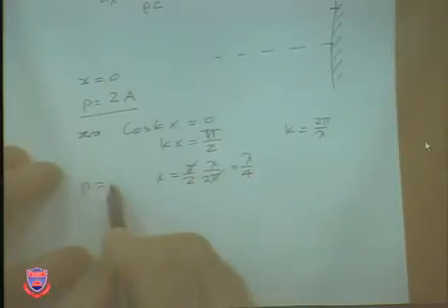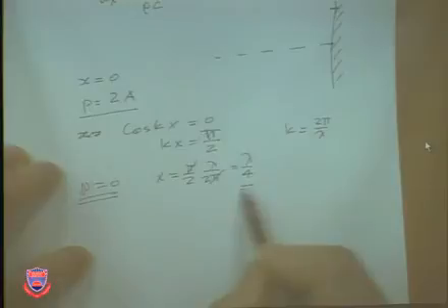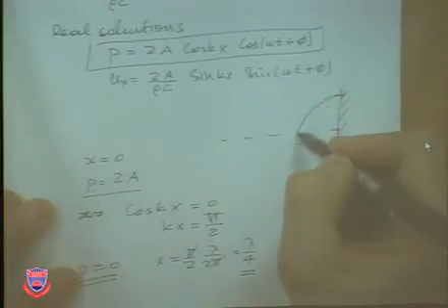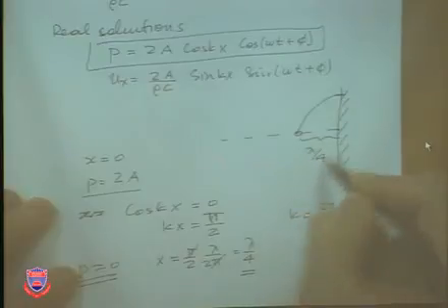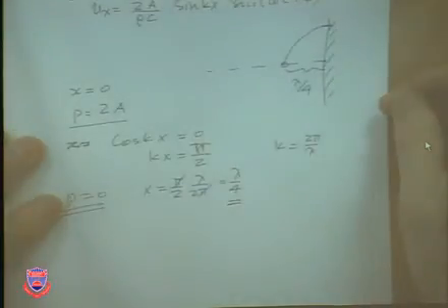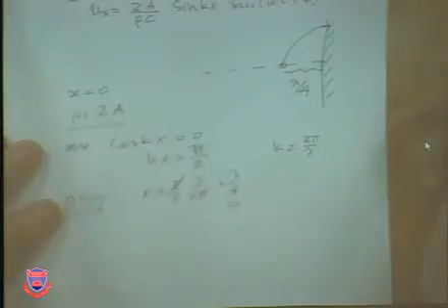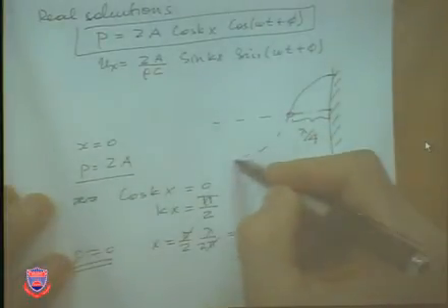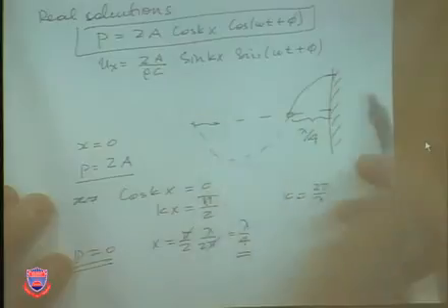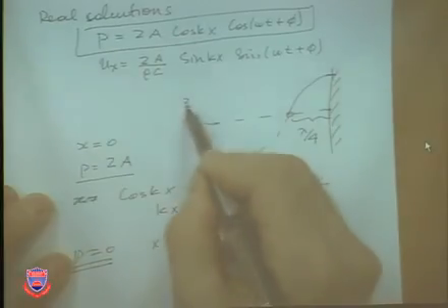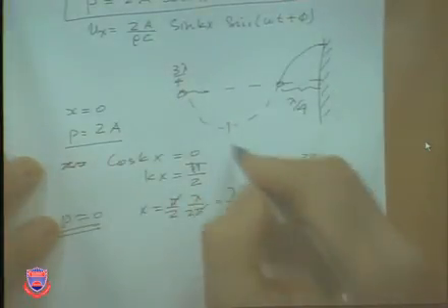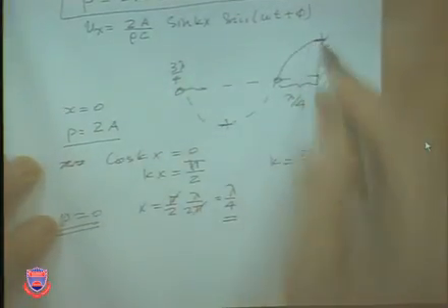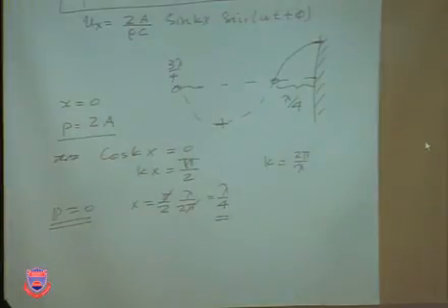So pressure is 0 when you are a quarter of a wavelength away from the surface, okay? And as you go, you can calculate it at 3 lambda over 4, it will be 0 again, and maximum here, maximum there. Okay, these are the relationships with distance.